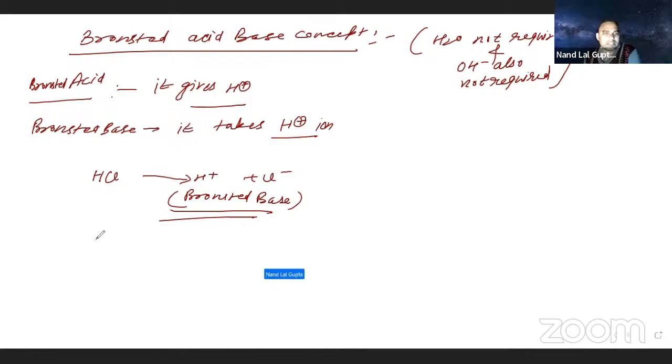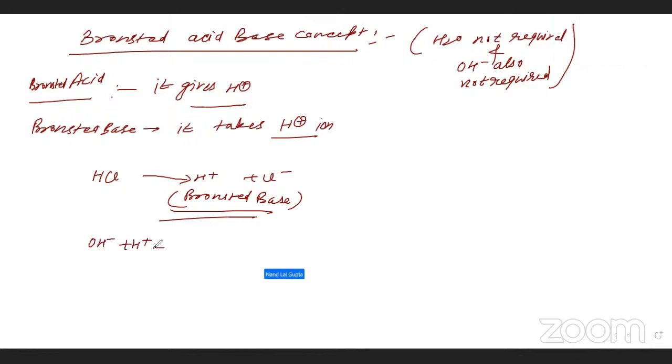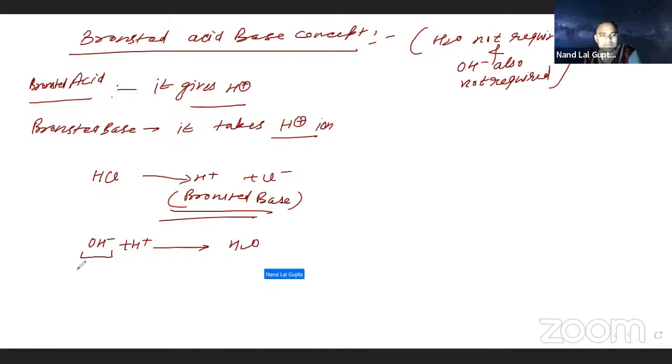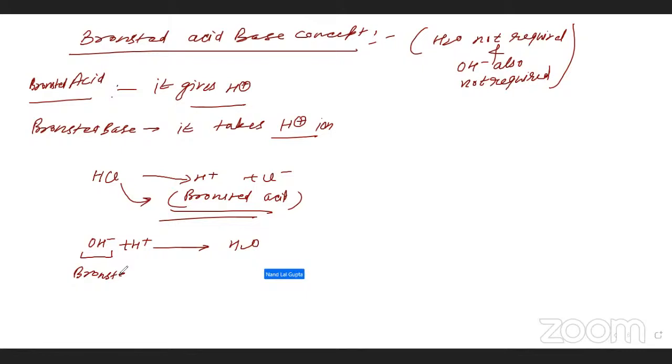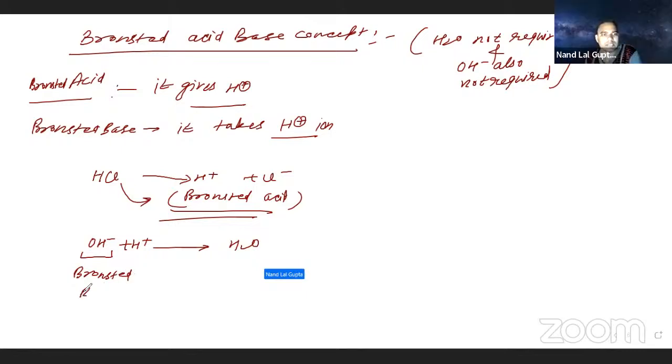And if anything is taking the H plus ion, suppose I write OH minus ion, and it is taking H plus, it is forming H2O. Since it takes H plus ion, OH minus ion is a Bronsted base.